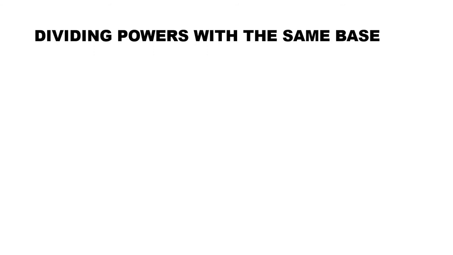So we'll go to the next, which is division law. And we are looking at dividing powers with the same base. Dividing powers with the same base. For instance, I have 2 raised to the power 8 divided by 2 raised to the power, okay, let's say 4. Okay.